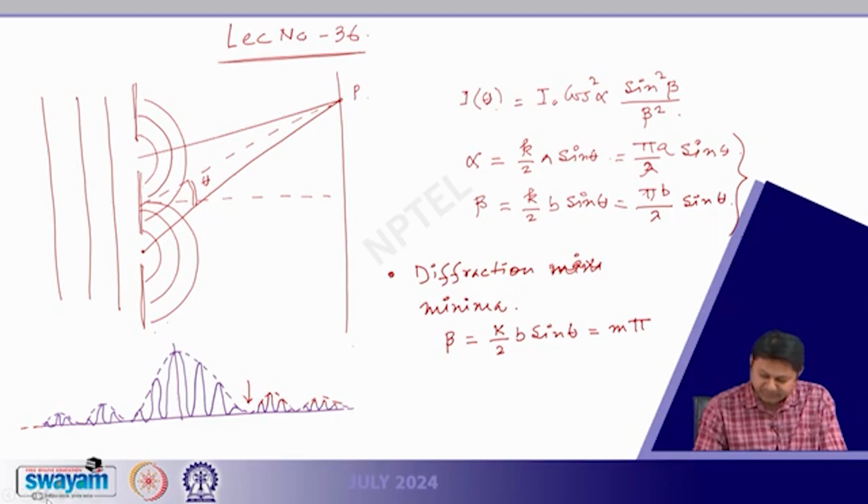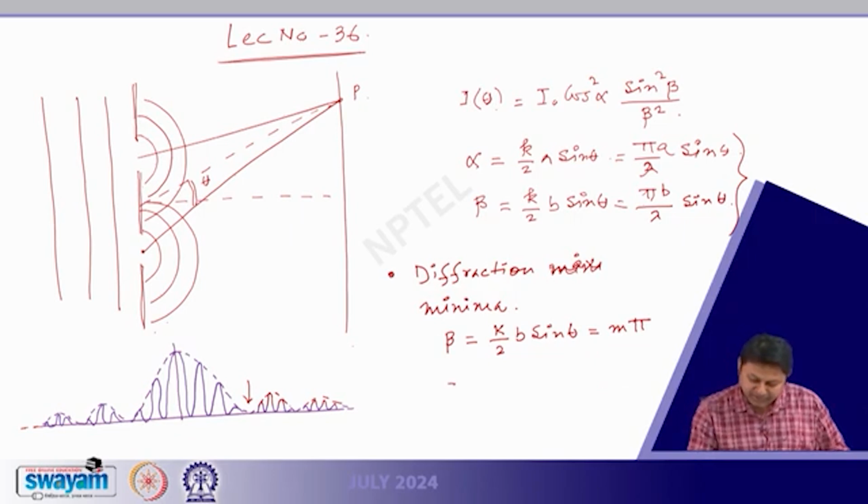Next we do the interference maxima. Let me first find the condition here. k is 2 pi by lambda, so I can write pi b divided by lambda, sin theta, equal to m pi.